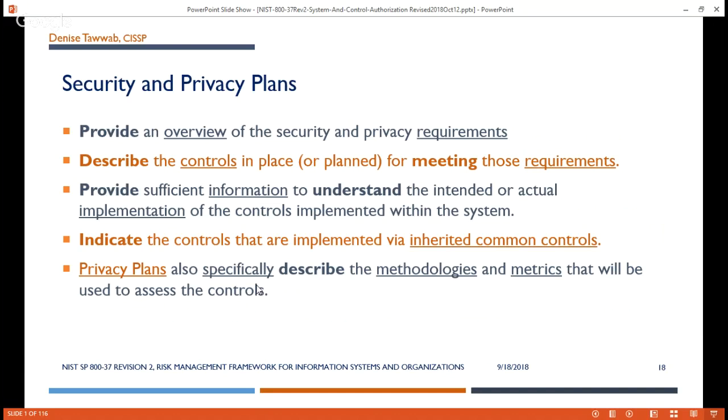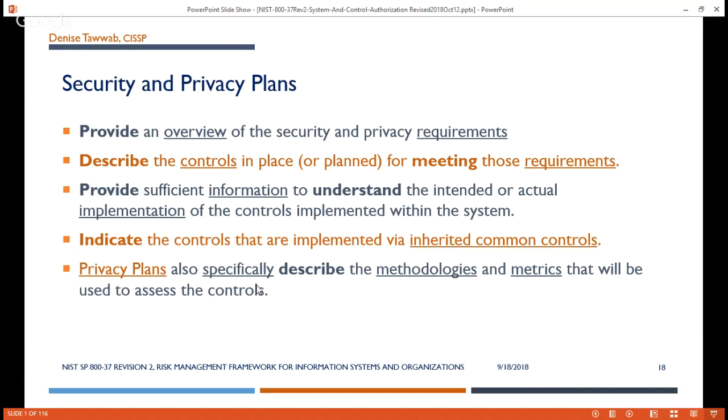So that's where your implementation details come in. That's where they're stored, in the security and privacy plans. Security and privacy plans indicate the controls that are implemented via inherited common controls. And the privacy plans specifically describe the methods and metrics that will be used to assess the privacy controls. So that's your security and privacy plans.